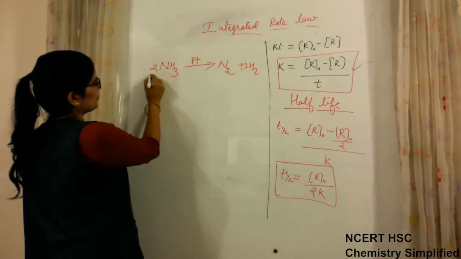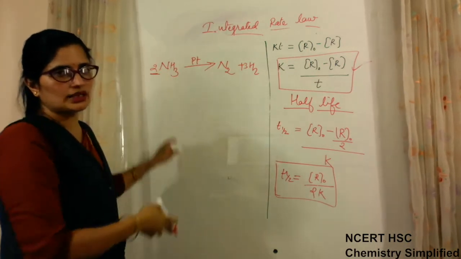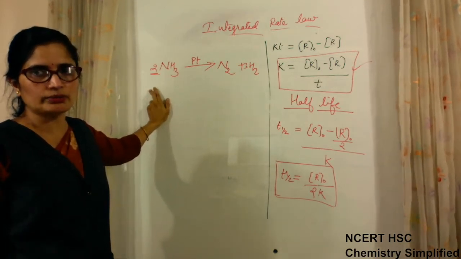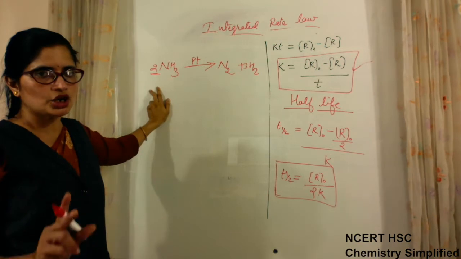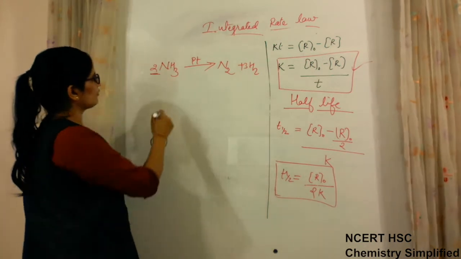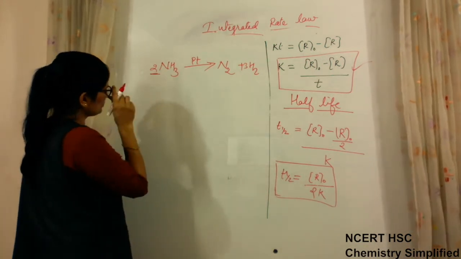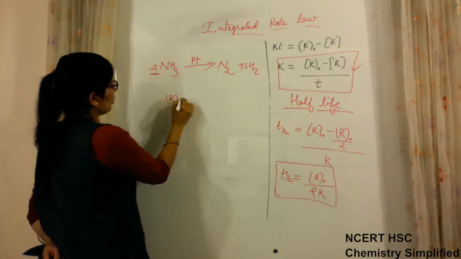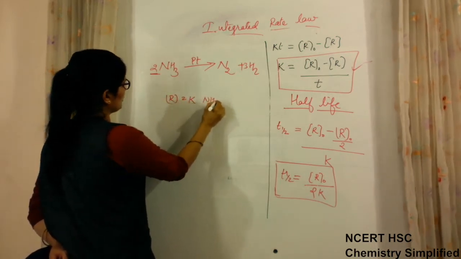If you want to find the molecularity of this reaction, the molecularity is 2, but the order of the reaction is 0. So rate law is rate = K[NH3]^0.